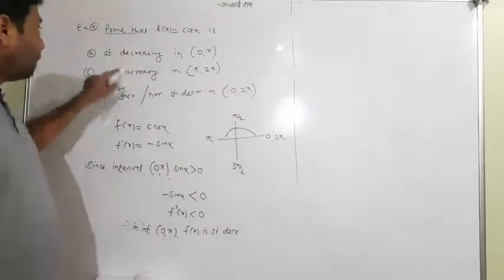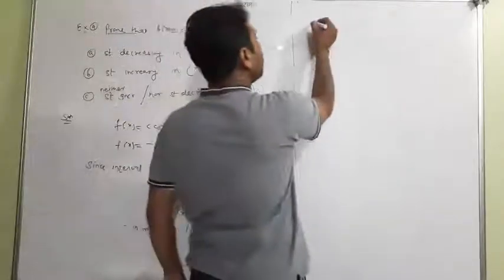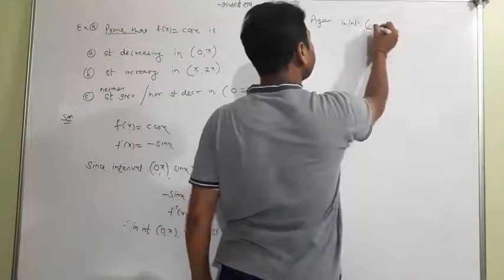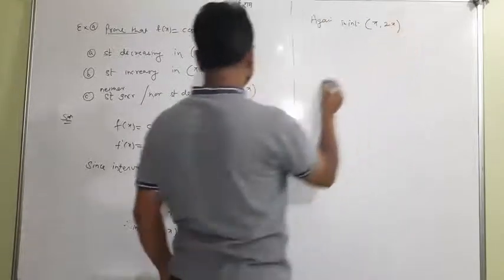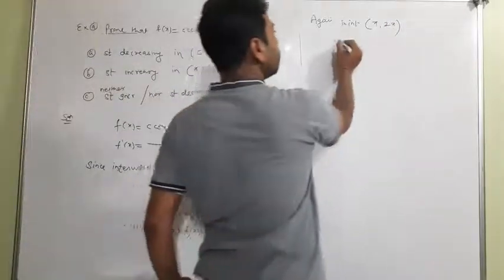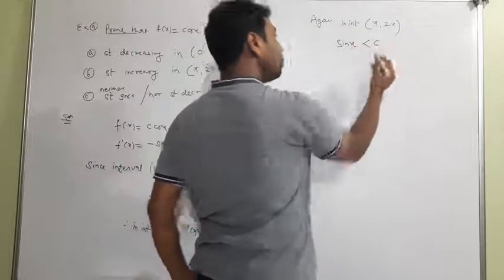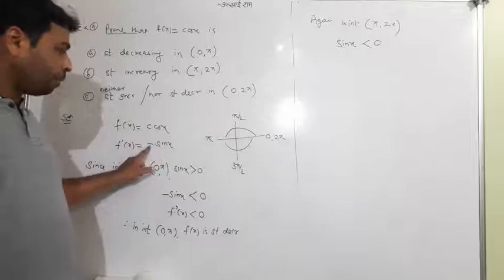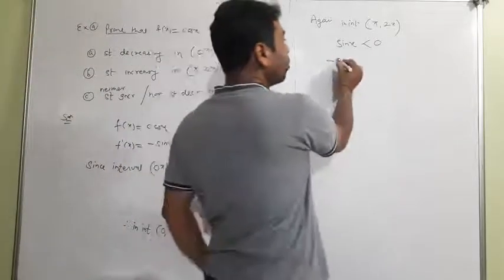What to show now? In interval pi to 2 pi. Again, in interval pi to 2 pi, third quadrant and fourth quadrant, sin x is negative. It is very genuine, you know it, sin x is negative. But f dash x has minus sin x, so I multiply by minus both sides.